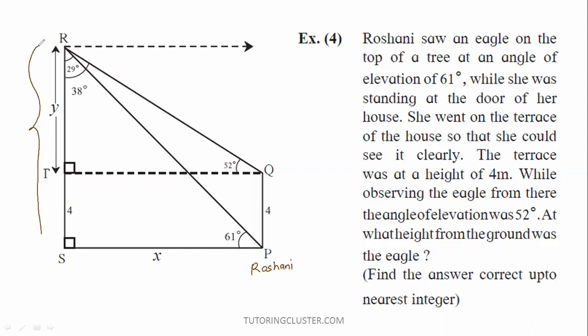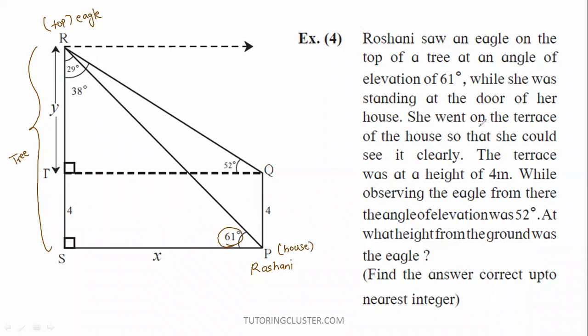This complete thing is your tree, a huge tree. This is the top of the tree, and here is the eagle. While observing this, the angle of elevation is 61 degrees. Now, while she was standing at the door of her house, this is the house, or you can say this is the ground.